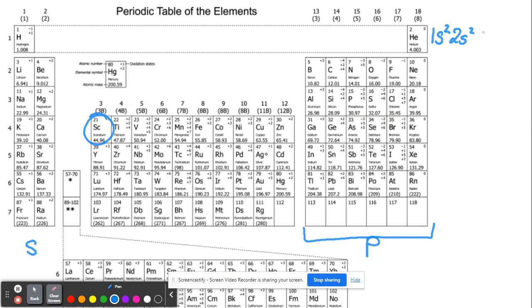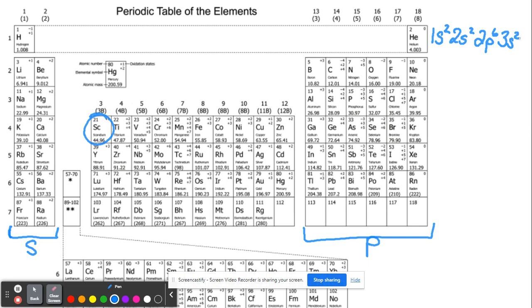That means there can be 3 orbitals in 2p, and it holds 6 electrons. Then I move down to the next period. Again, in my S block of the periodic table, I've got 2 elements, which means that the S block can hold 2 electrons.